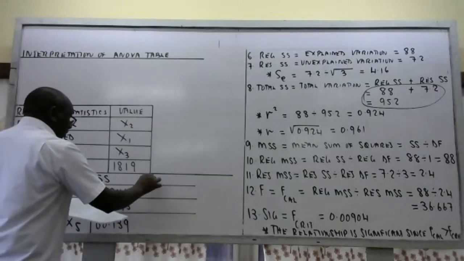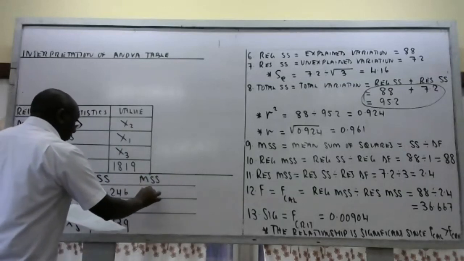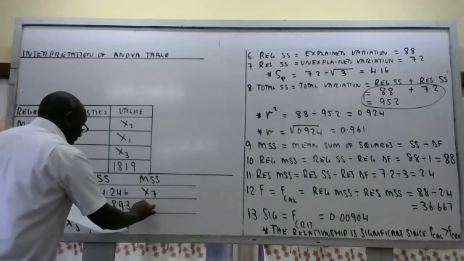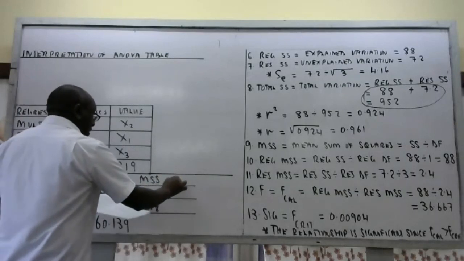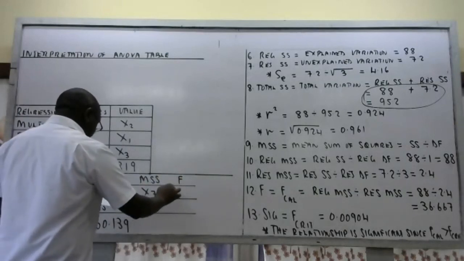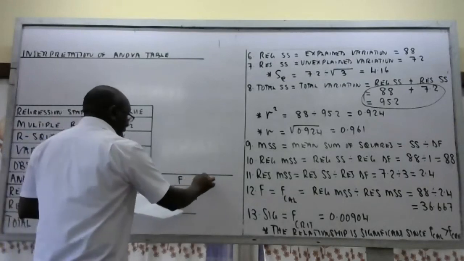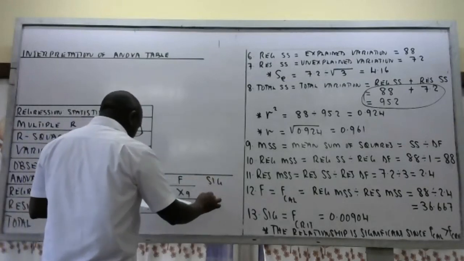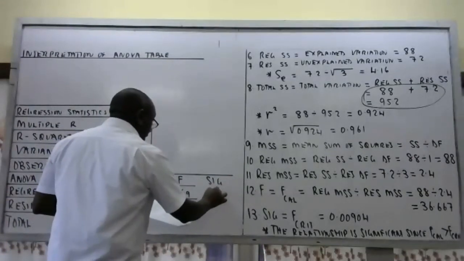Then MSS, this is X7 which is missing. This is X8 which is missing. Then we have F which is X9. And then we have significance F which is Z.